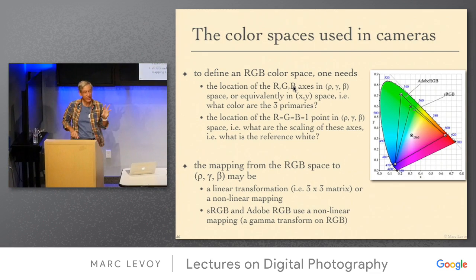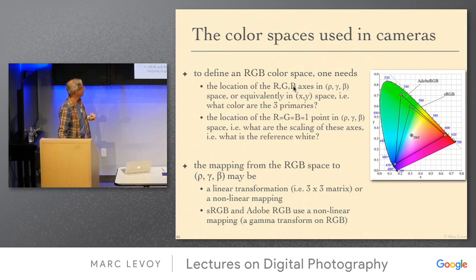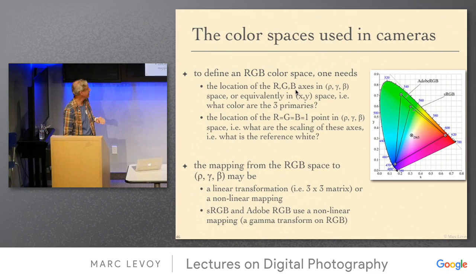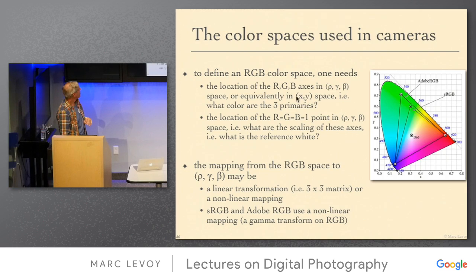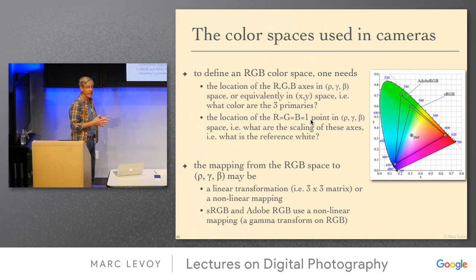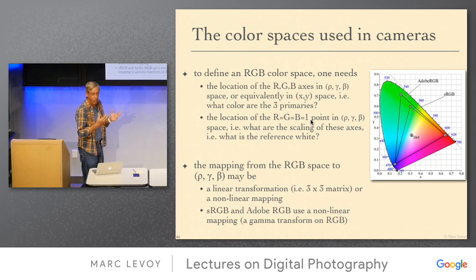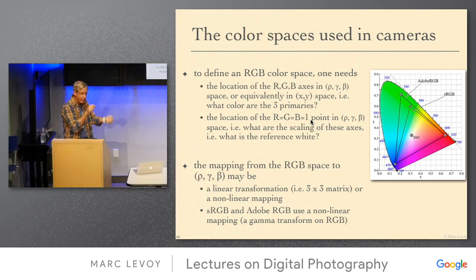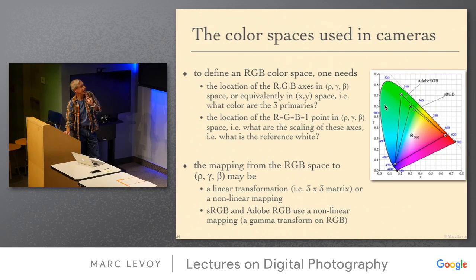So it's 3 vectors that stick out in rho gamma beta space that could be non-physically realizable, like the XYZ, and the location of the reference point. And so sRGB defines the reference white as being this D6500 equivalent, and that sets the scaling of these hidden knobs that defines the RGB cube for sRGB. And then, let's see, is sRGB up there? Yeah, there it is, right there, sRGB.